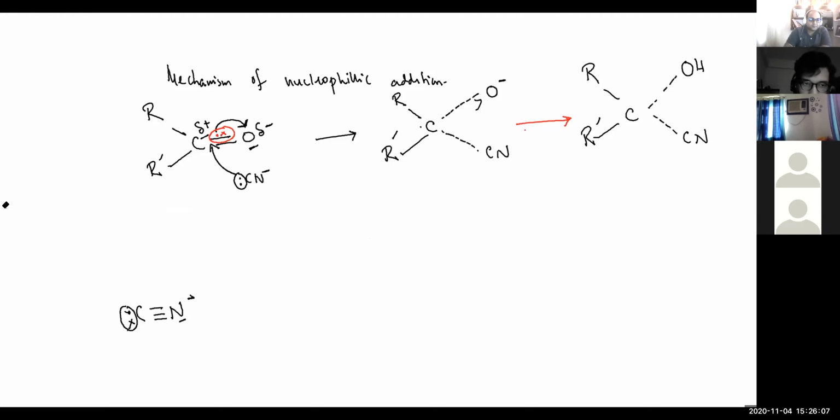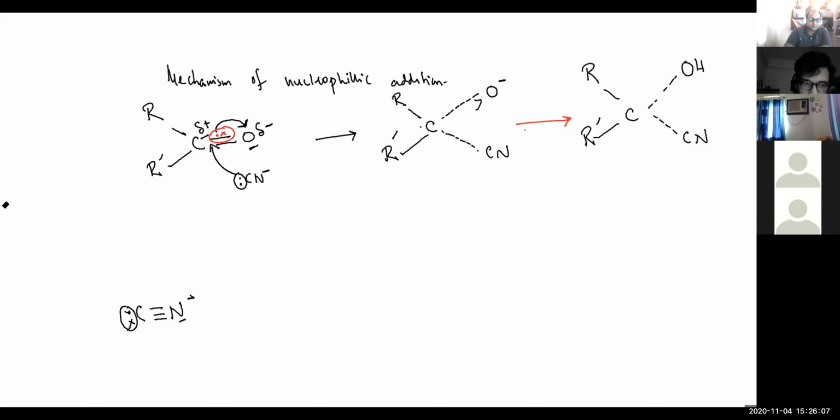Right? So you take NaCN. NaCN is an ionic compound, so ionic compounds fully dissociate into Na plus and CN minus. NaCN breaks down into Na plus and CN minus, and hydrogen cyanide breaks down into hydrogen ion and cyanide ion.